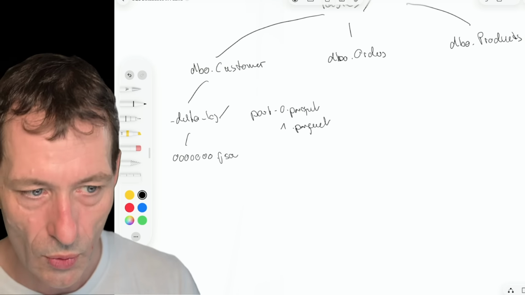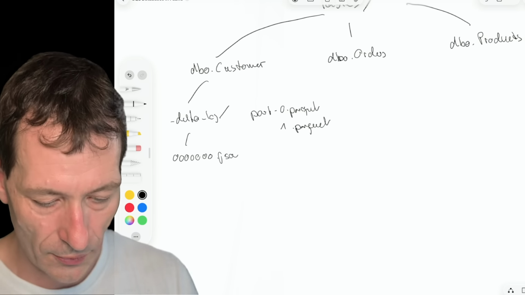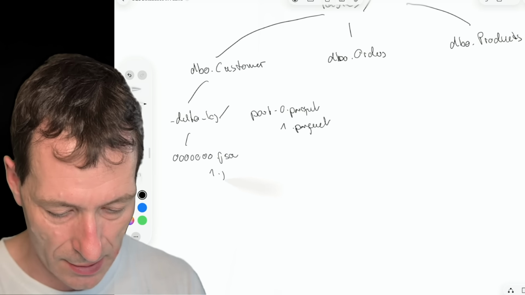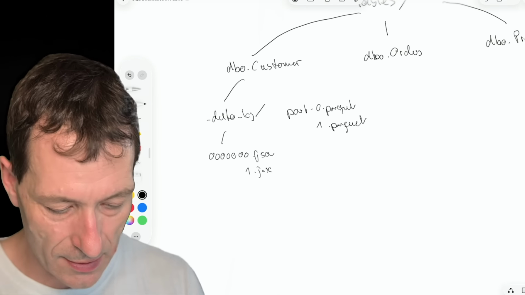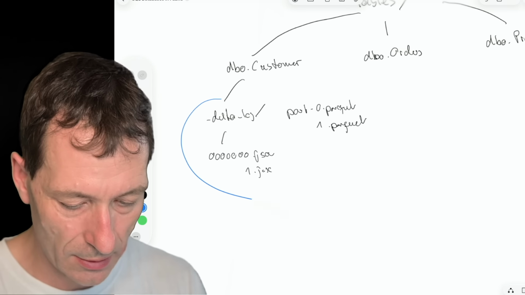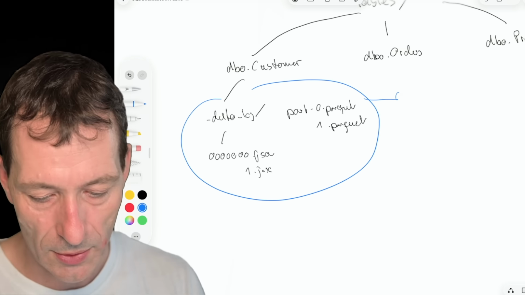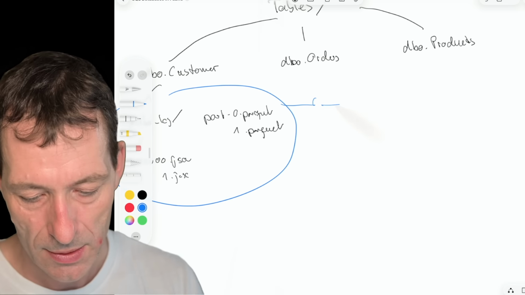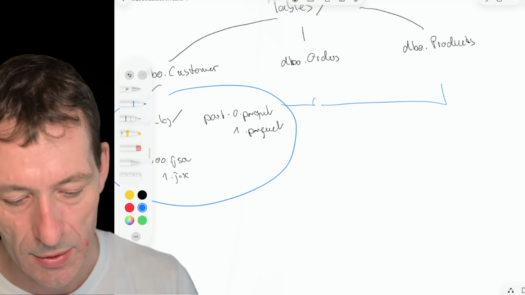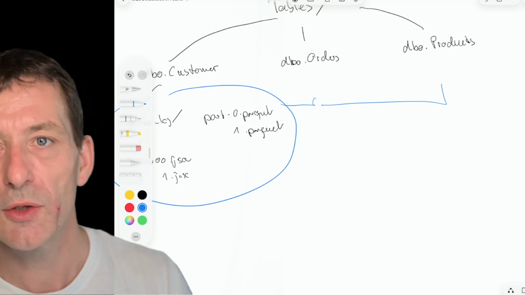And of course the .1 JSON. Right, so this is the same structure for all different tables, and you will find it.